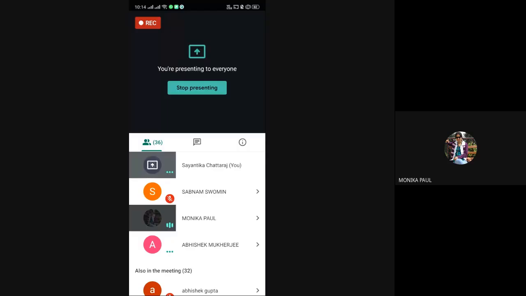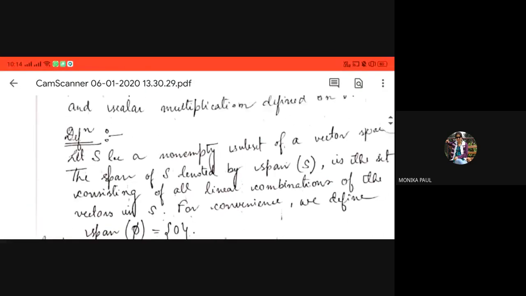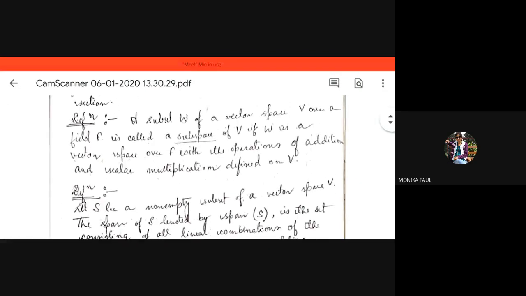First of all, Arup sir told that theta must belong to the set. Okay, fine, but from the definition, there is no mention that theta belongs to that set. First of all, there are two criteria for any two elements x, y: x plus y belongs to that set, and if x, y belong to that set, then it implies x plus y belongs to that set.